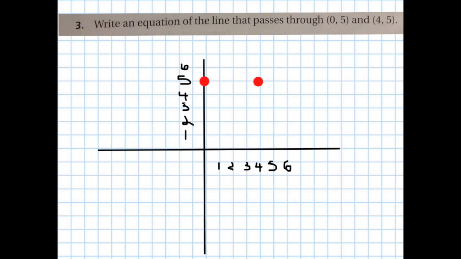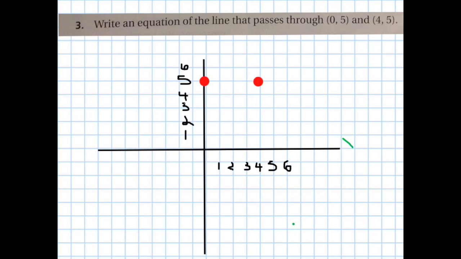Problem 3 wants you to write an equation of a line that passes through 2 coordinate points, 0, 5 and 4, 5. So the first point that I put down here is 0, 5. There's 0 on the x-axis, and I forgot to denote that these are the X and Y coordinates here.